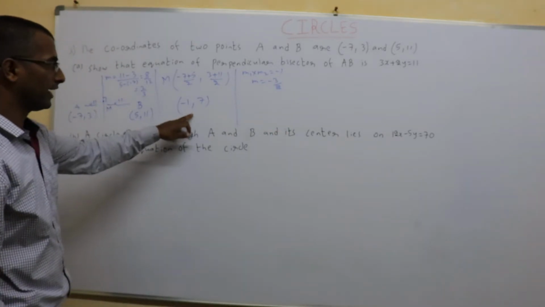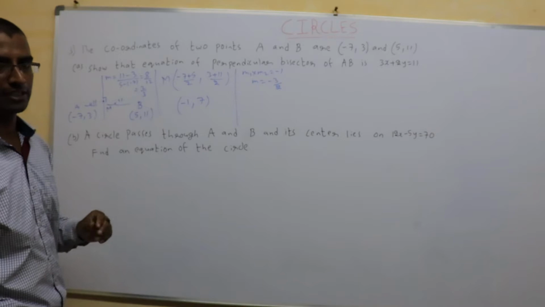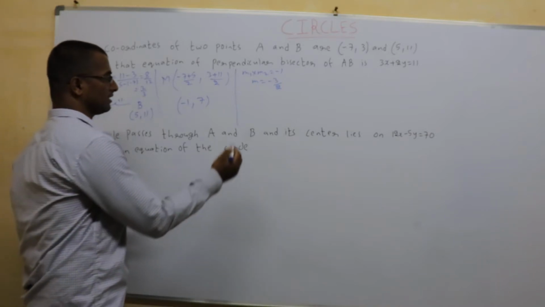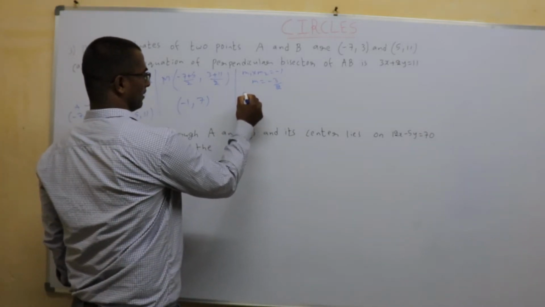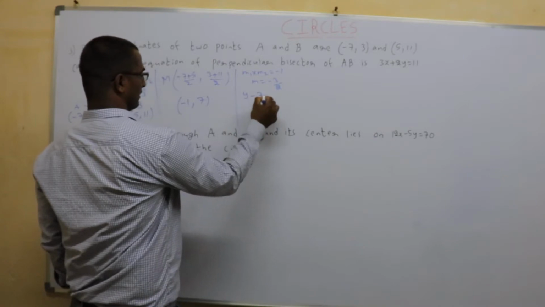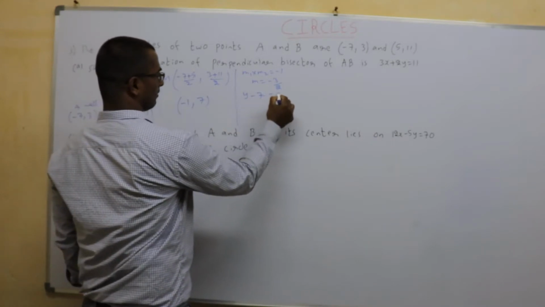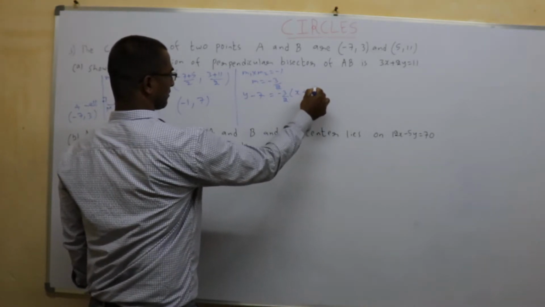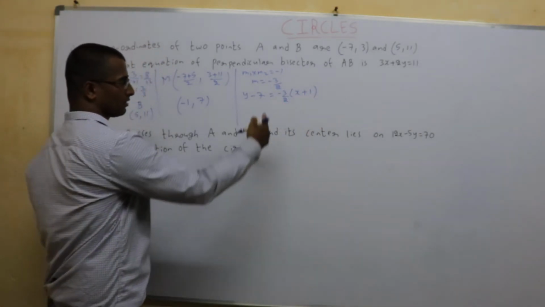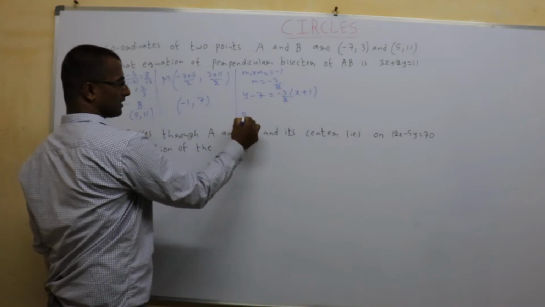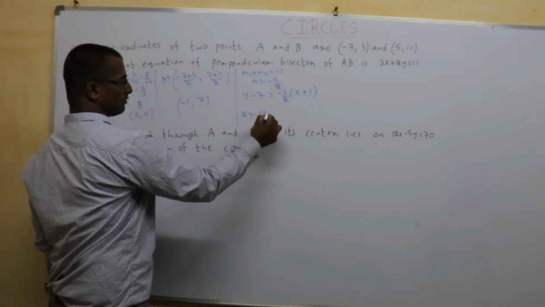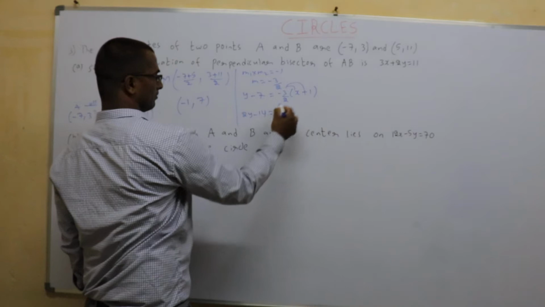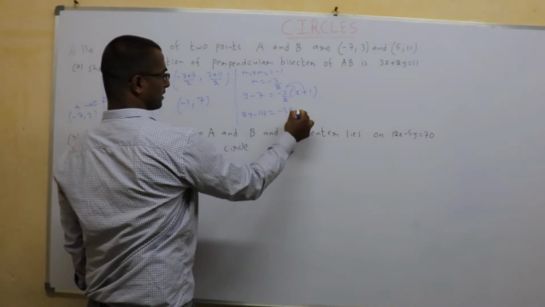Now I have the point and the slope, I can get the equation of the perpendicular bisector, which is y minus 7 equal to -3 by 2 of x minus of -1, plus 1. So whenever there is a fraction, send it to the other side: 2y minus 14 equal to minus 3x minus 3.